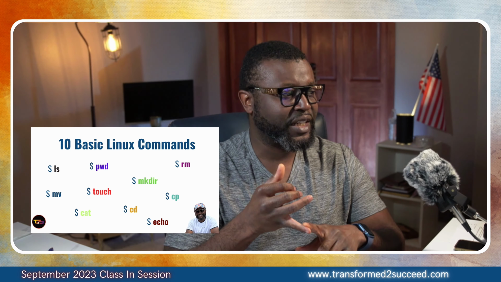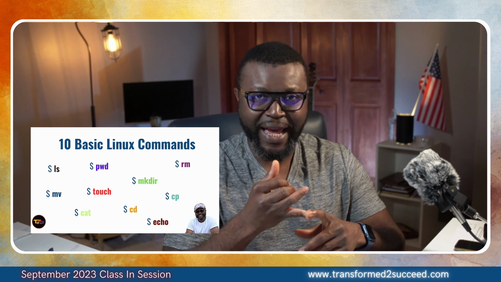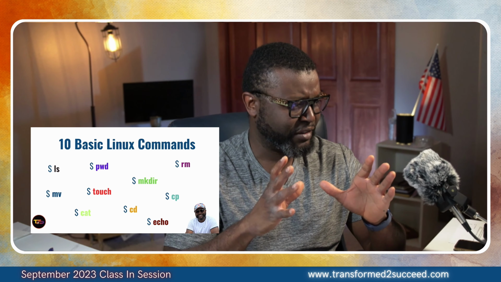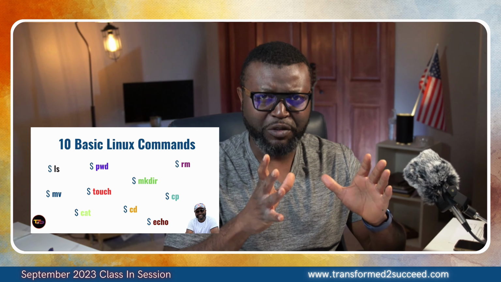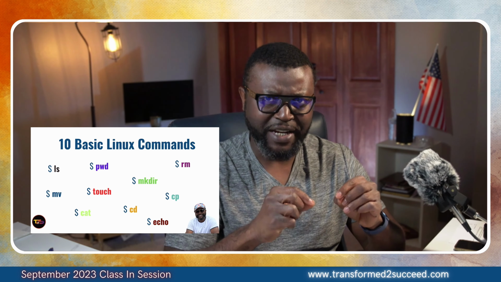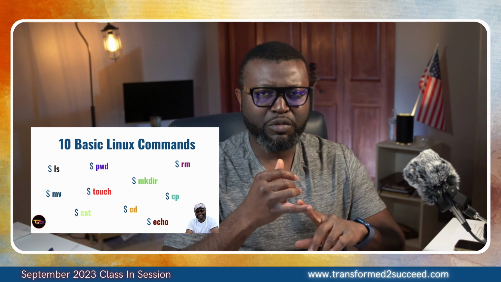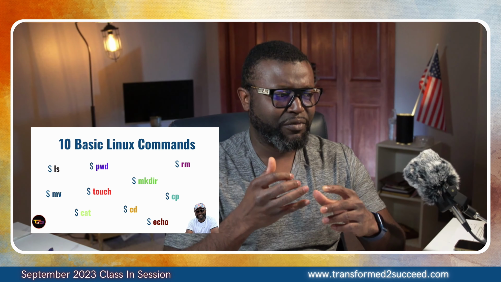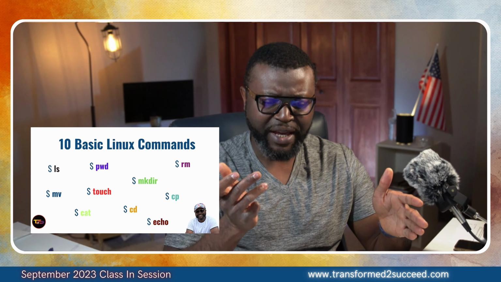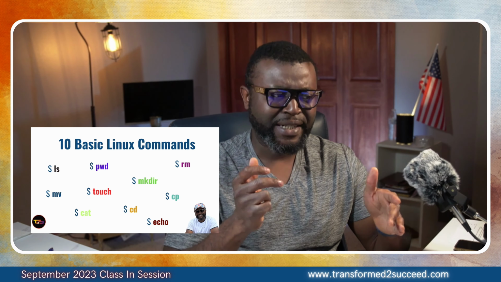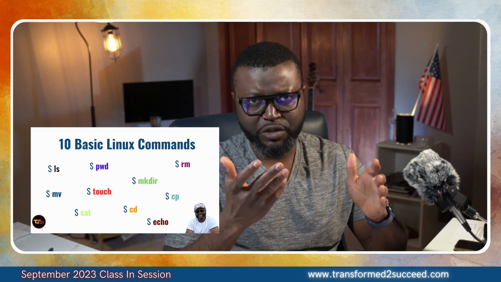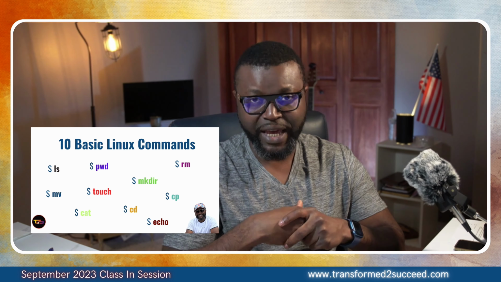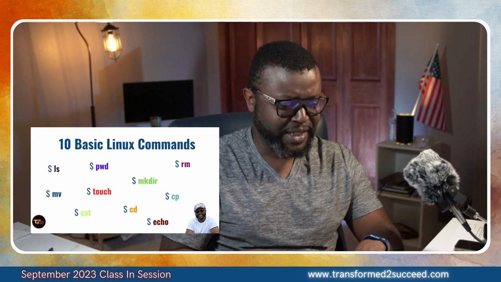Then you have the cat command, in kind of a bright green that you may not be able to see clearly, but we'll talk about that. The last three are cd, then you have cp, which is to copy, then you have the echo command. So we're gonna go through that right now.